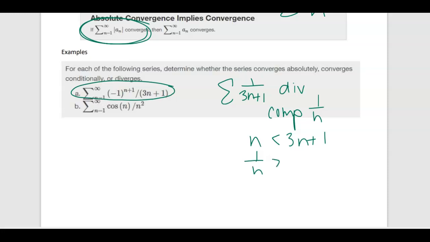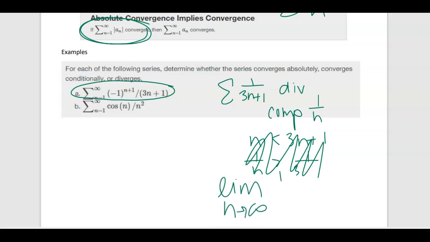So 1 over n is going to be bigger than... Just kidding, you can't do that. That is not true. All right, let's do limit comparison. When I divide by 1 over n, that's the same thing as multiplying by n over 1. This ends up going to 1/3, which isn't 0. So these either both converge or both diverge, so that diverges.